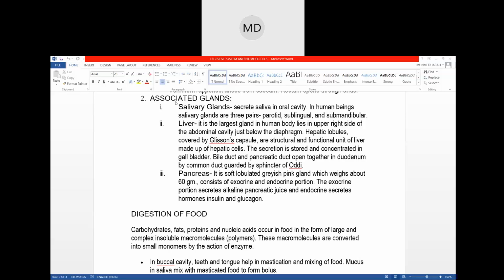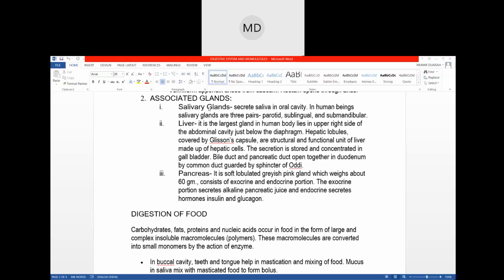Now the salivary gland. Why are they known as associated glands? Because they are associated with digestion, the digestive system. These three glands, salivary gland, liver and pancreas, are all associated with the human digestive system. The salivary gland is a type of exocrine gland because it has ducts, and its secretion is saliva.